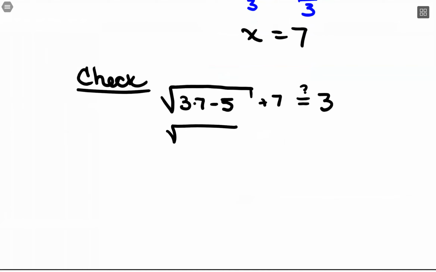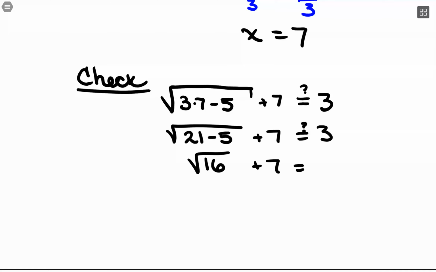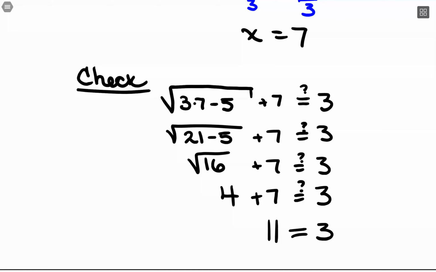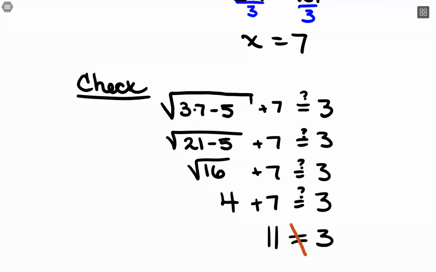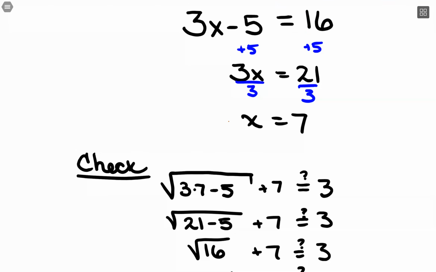So square root of 21 minus 5, which 21 minus 5 is 16, which is 4. And as I can see, this is not going to balance out because we end up with 11 on one side and 3 on the other, and that does not equal each other, which tells me that x equals 7 is not a solution.